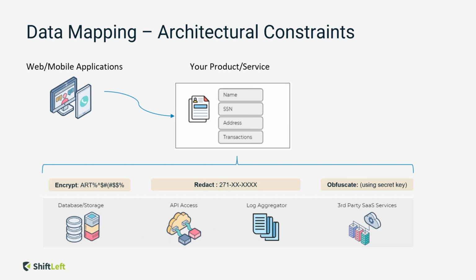But this is also the step where you identify the gaps. So for instance, if you've identified that, okay, I've got PII data that flows into a log file, and I use that for analytics, I don't need that exact information in the log file. I could redact it, I could mask it, I could do a bunch of controls, which would make me compliant, but would also make my analytics not break.